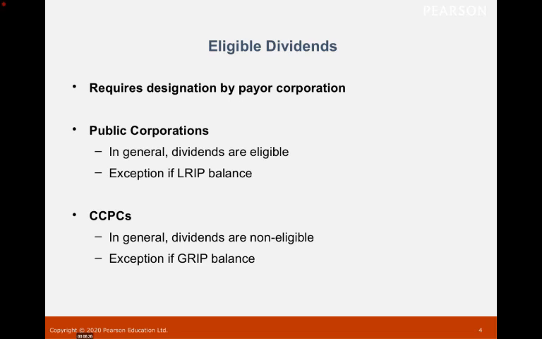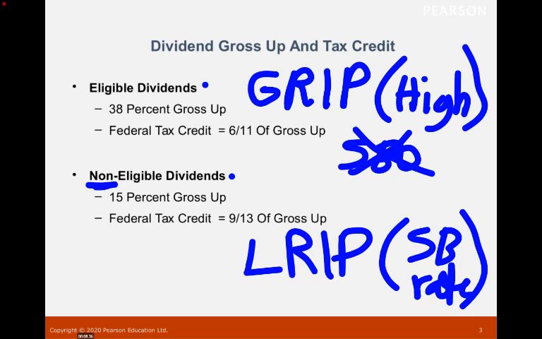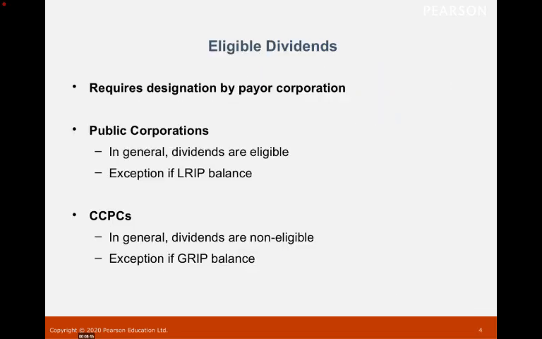So we have this concept of eligible dividends. Again, those are the ones at the high rate, and they get a higher gross up and a higher tax credit. Basically, the concept there is the taxes that have already been paid.